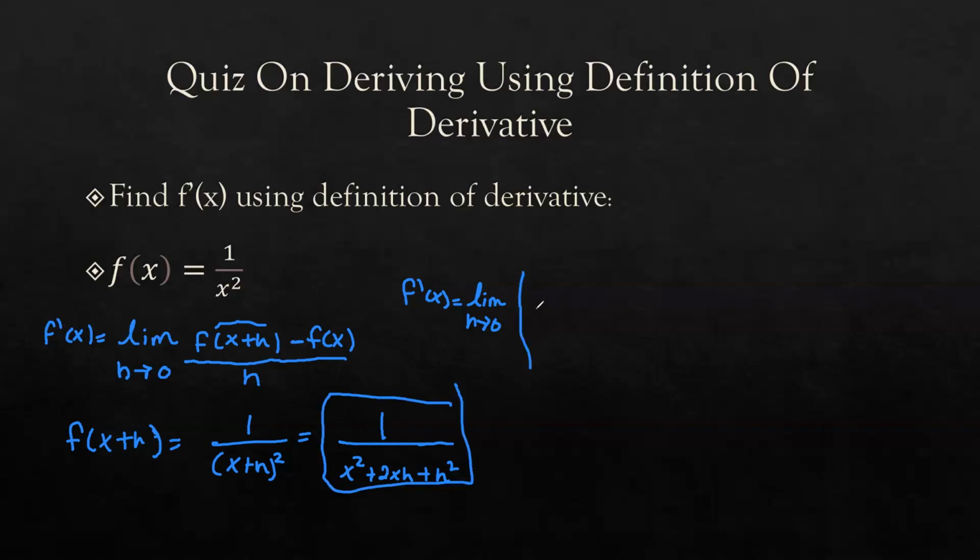So it should look something like this, minus f of x, which is 1 over x squared, and then it's all over h.